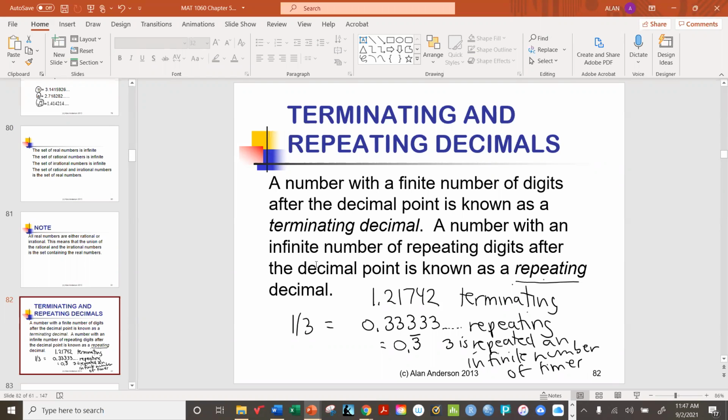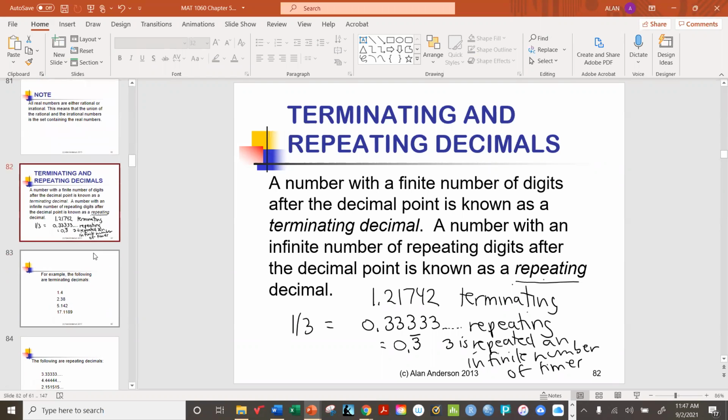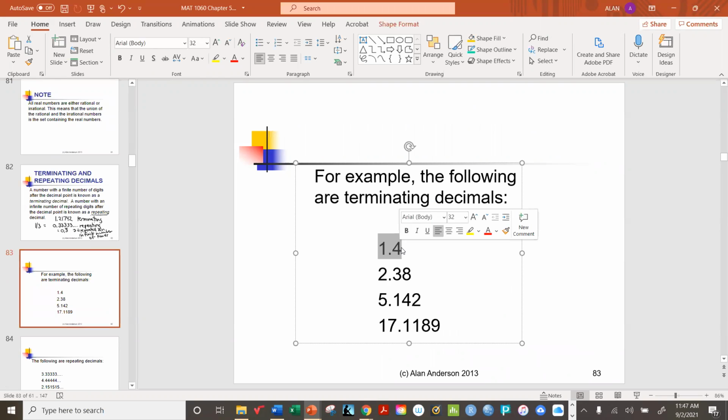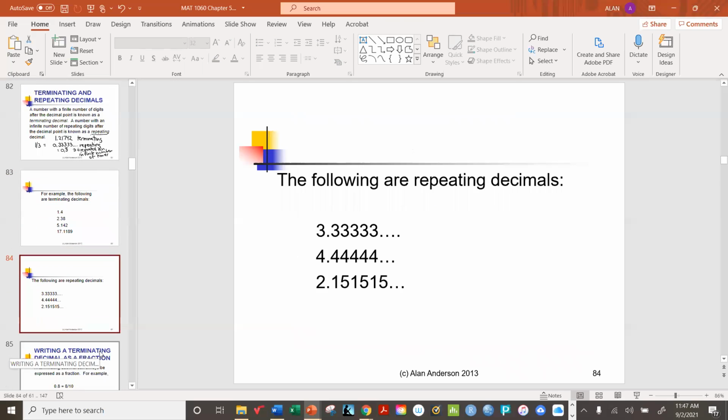So why does this matter at all to us? Well, by the way, here's some more examples. These are all considered to be terminating because, of course, there's a finite number of digits after the decimal point. It doesn't matter how many there are, as long as it stops eventually. And these are repeating. Now, the repetition doesn't necessarily have to involve one digit.